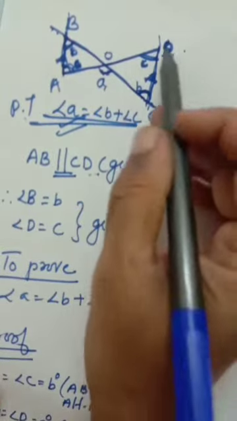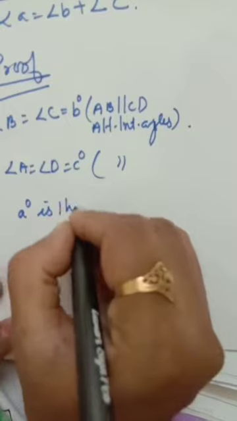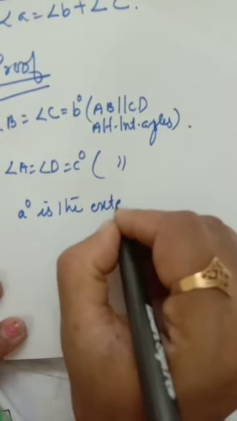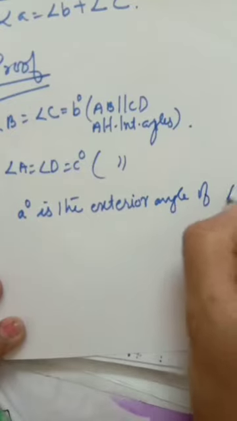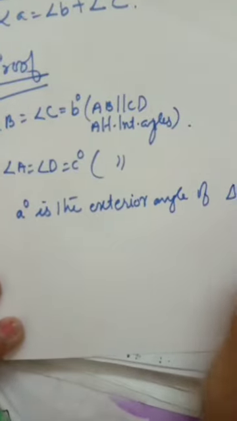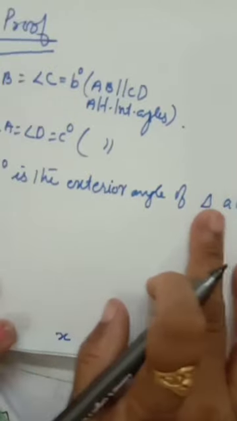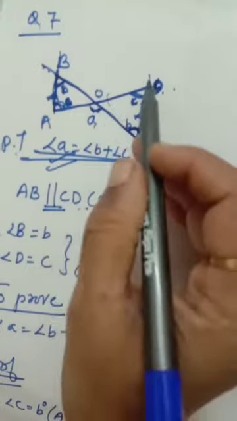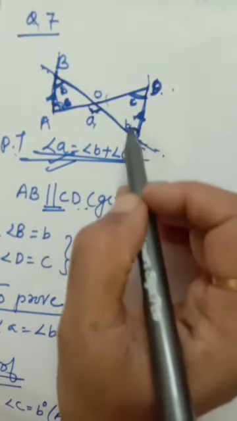So angle A is the exterior angle; we are considering this triangle ACD. The exterior angle of triangle ACD is angle A. Exterior angle equals the sum of the opposite interior angles.